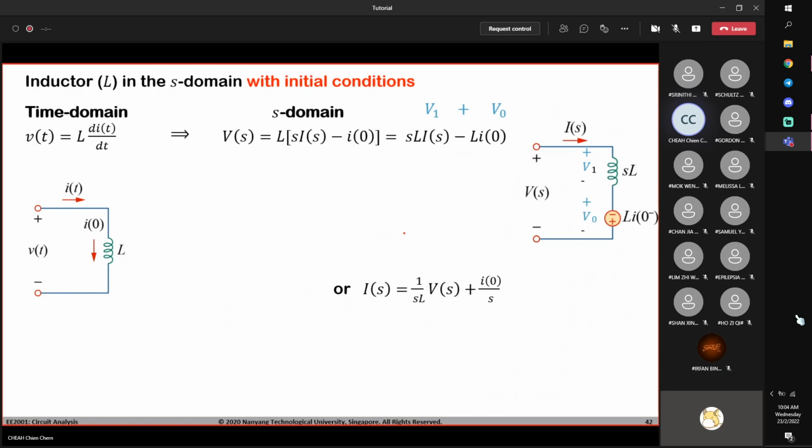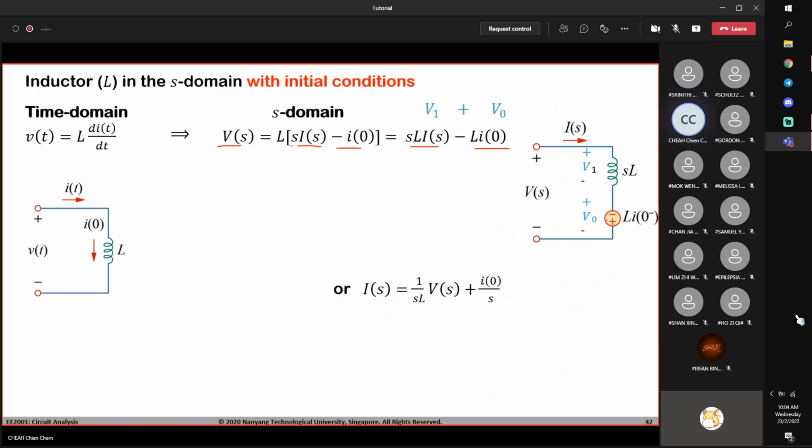Now similarly for an inductor with non-zero initial conditions, you have two expressions. One is that V equals L dI/dt, so you get V is equal to L multiplied by S I(S) minus the initial condition. Therefore, the left-hand side is a voltage, and the right-hand side must be two voltages added together.